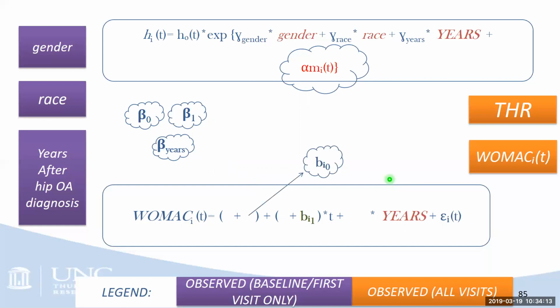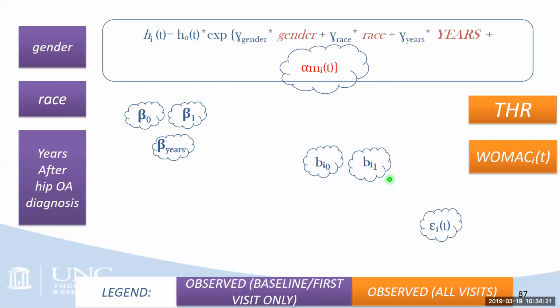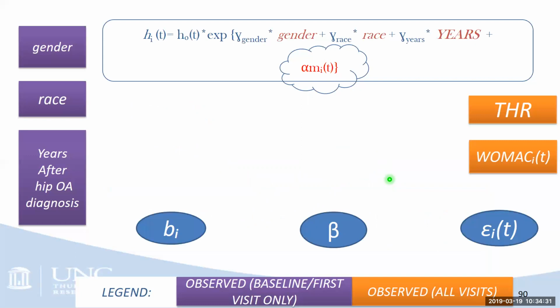And now we will move all random effects b's on the right. So now let's flip the fixed effects, then random effects. And now we have this in a more general diagram.